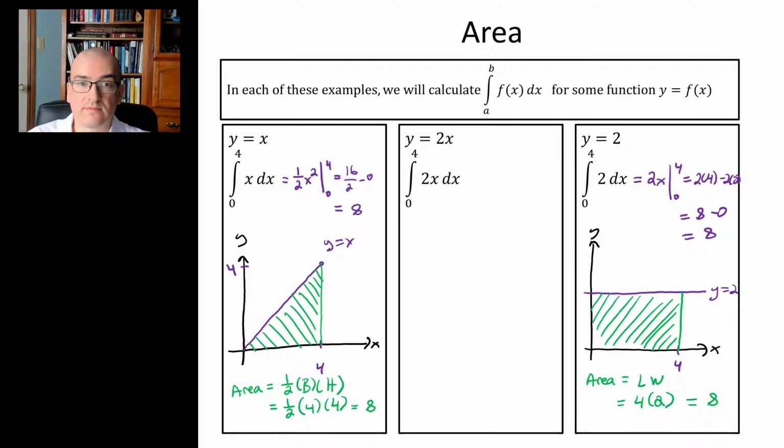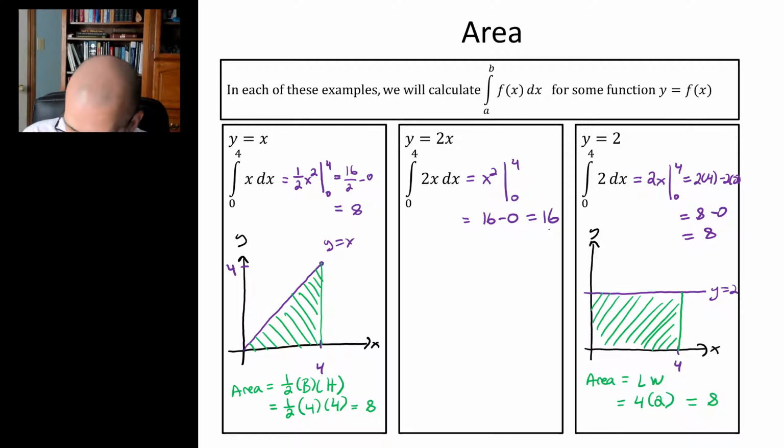Now I'll do the one in the middle. Antiderivative of 2x is x squared. We're going to evaluate this from 0 to 4. We get 16 minus 0, which is 16. Okay, I'm going to draw a picture of that.